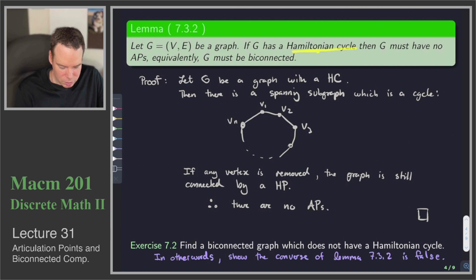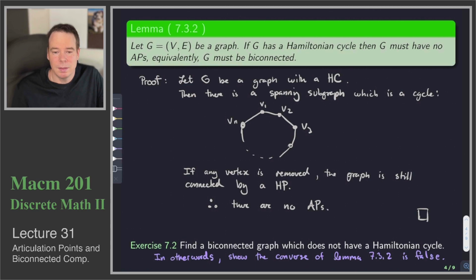Again, why are we asking this? Well, this is a question about Hamiltonian cycles, and we've already spent a little bit of time talking about how we don't have a criteria for Hamiltonian cycles. We have necessary conditions, we have sufficient conditions, but we don't have a necessary and sufficient condition. So here's a necessary condition. If it's got a Hamiltonian cycle, then it must have no APs.